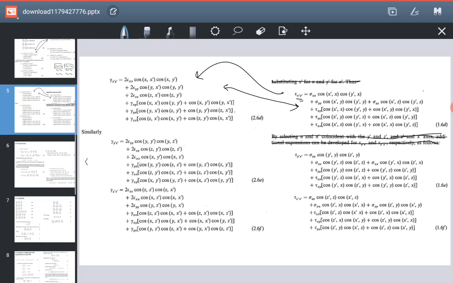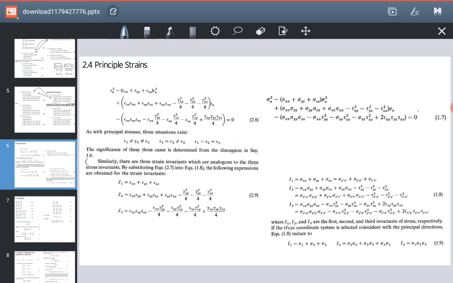Moving on to the new topic, we have principal strains. Just as we have principal stresses, in which there are no shear stresses, similarly the strain produced by the principal stress will be called the principal strains.